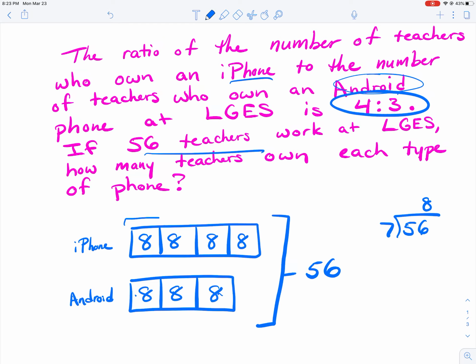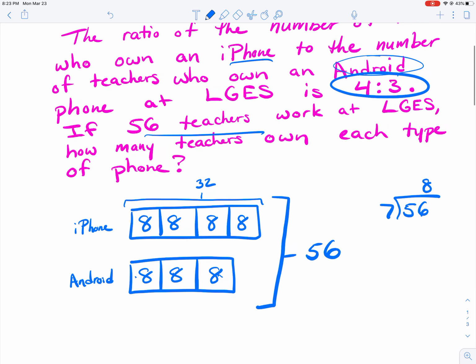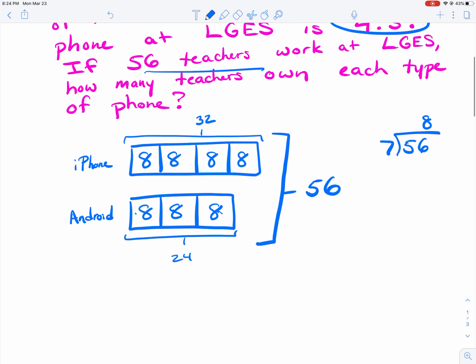And I have a total of 8 times 4 is 32 iPhone users, and 8 times 3, 24 Android users.